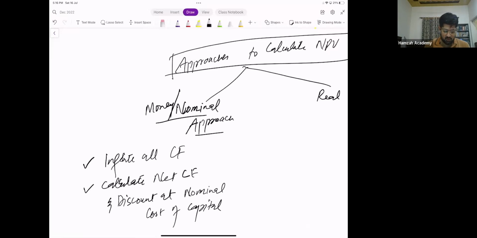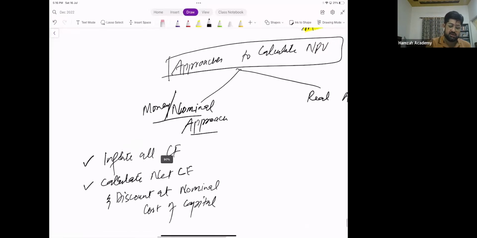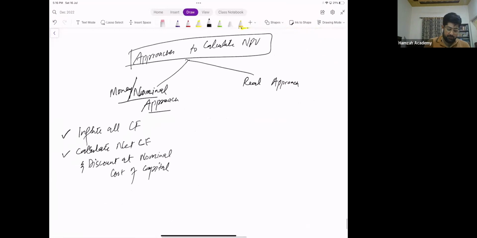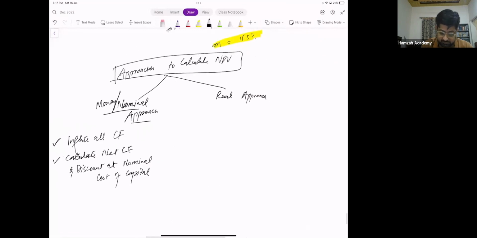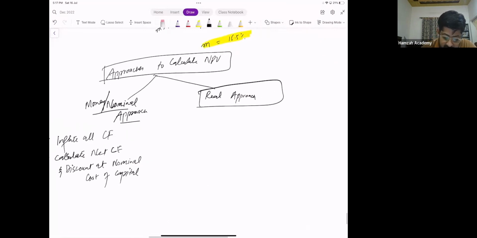Now, next is the real approach. What is the real approach? Two cases may be there.